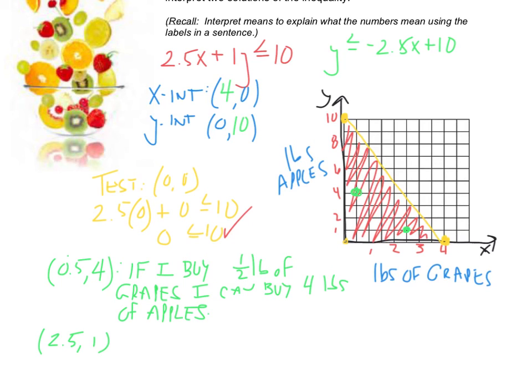I could actually buy more than that because I could go as far up as 9 to make that work. But I could buy that combination. So remember, the X's are my pounds of grapes, the Y's are my pounds of apples.